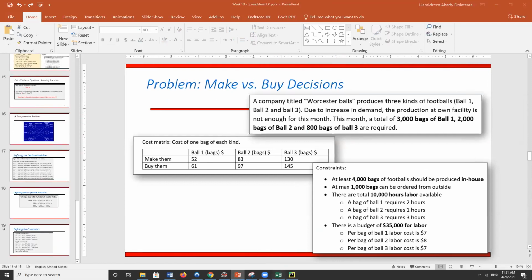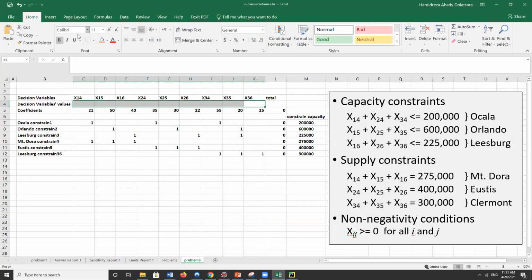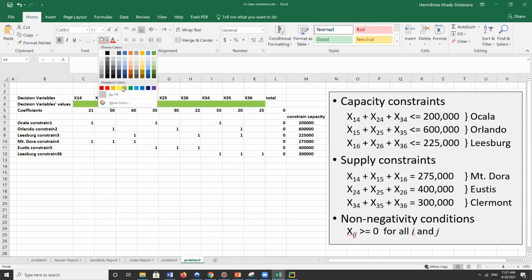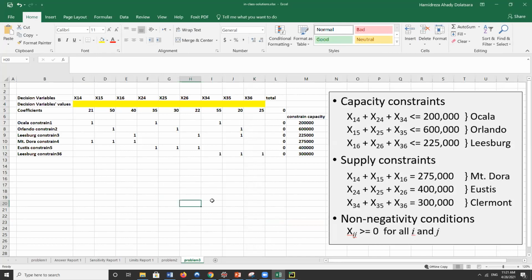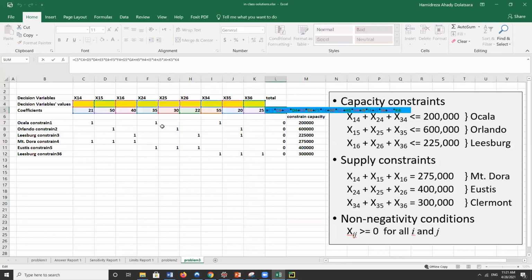Okay, let's look at the solution, problem 3. Again, very similar concept, let me follow one by one. You have a section for decision variables. You need to formulate your objective function in the blue one. You see, I have a formula for the objective function.